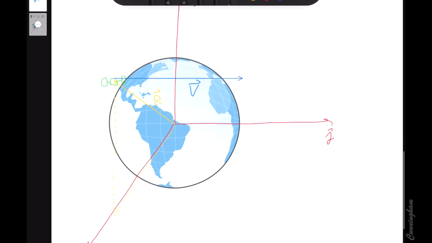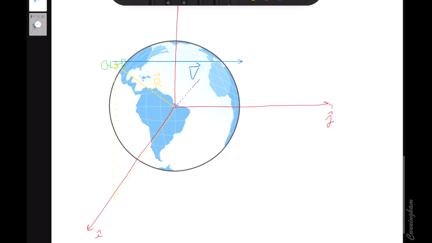So let's see, we have negative I, which would take us this way, right? Negative I hat would be out this direction, if you could see through the Earth.